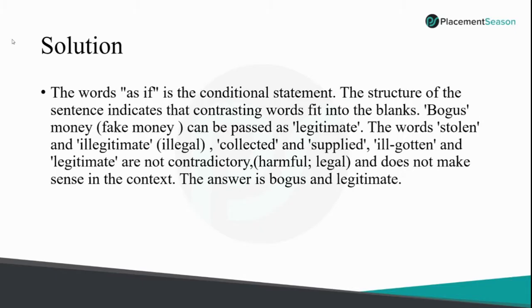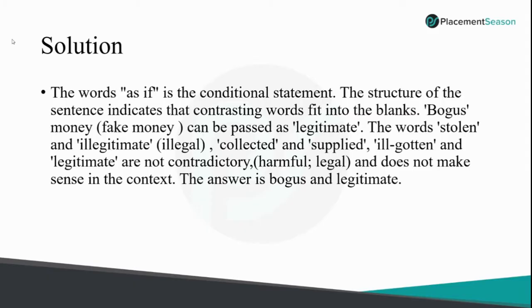So based on the structure, the words that fit the blanks are contrasting. Bogus money means fake money, which can be passed as genuine. The other pairs, stolen and illegitimate, collected and supplied, ill-gotten and legitimate, are not contradictory and do not make sense here.